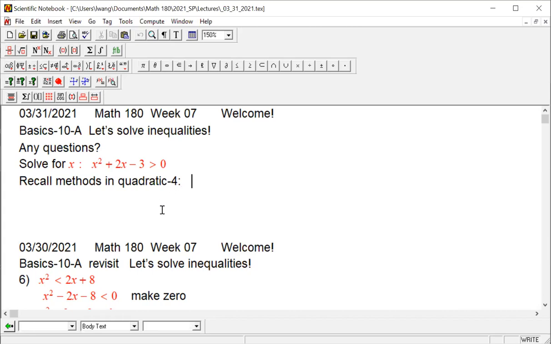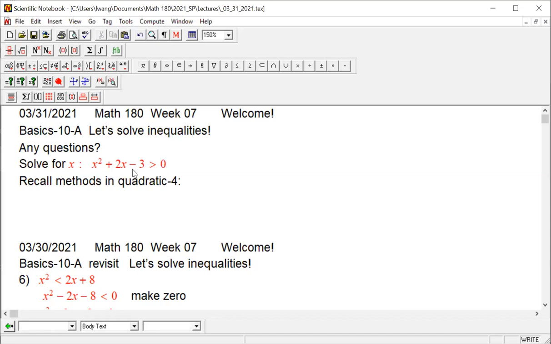In all of these ideas, we have something, and that something is compared with 0. Then you say, why do we always compare with 0? Remember when we turned x squared plus 2x larger than 3 into minus 3 greater than 0?